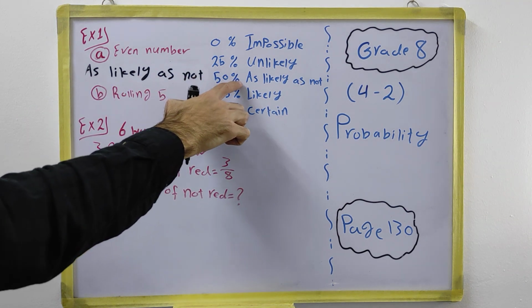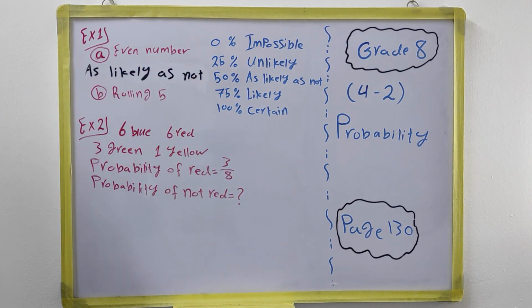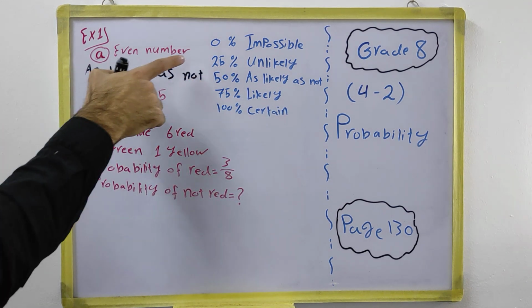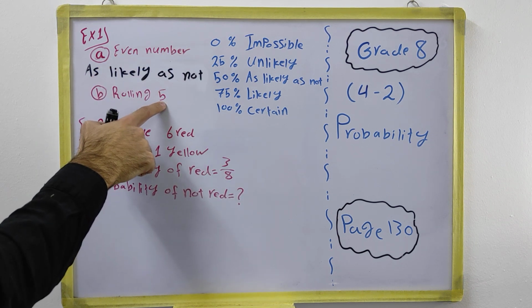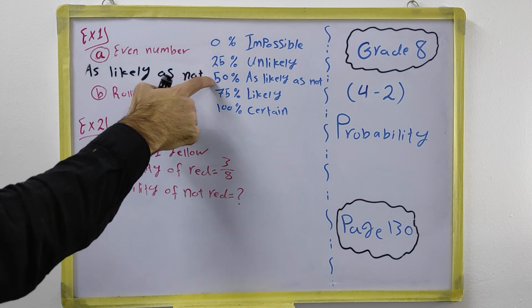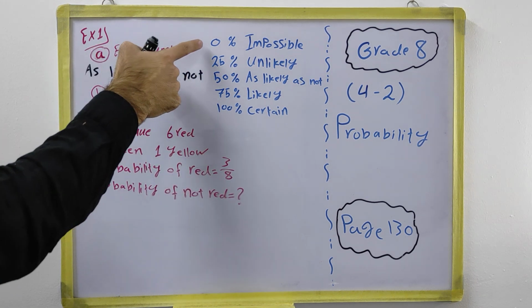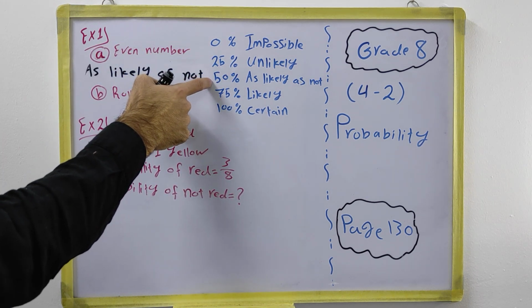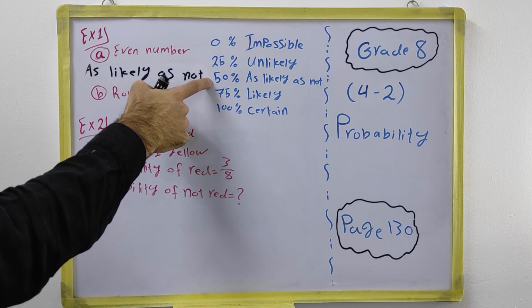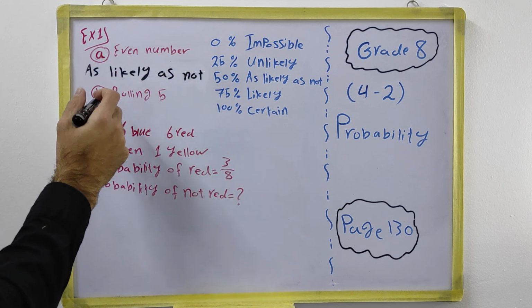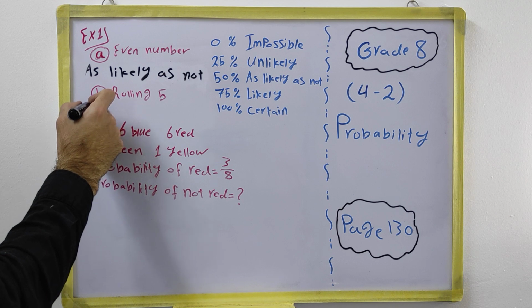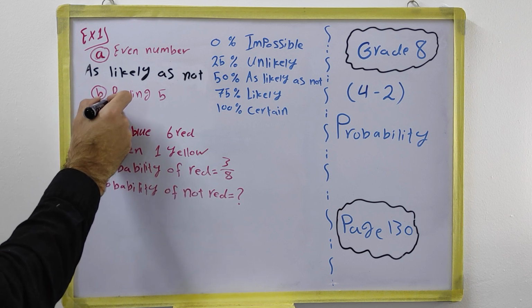So it's less than half, less than 50%. It's not impossible to get 5, but we have so little chance to get it. It's not impossible and it's not half chance, so it is unlikely.